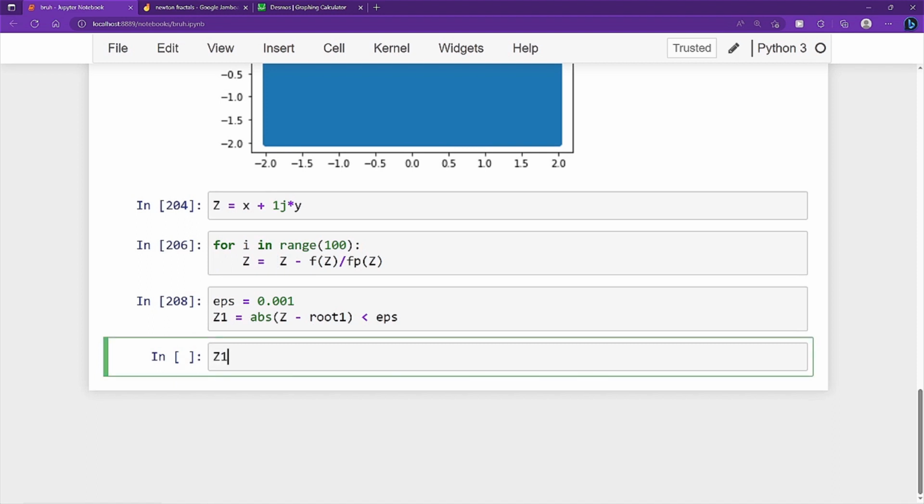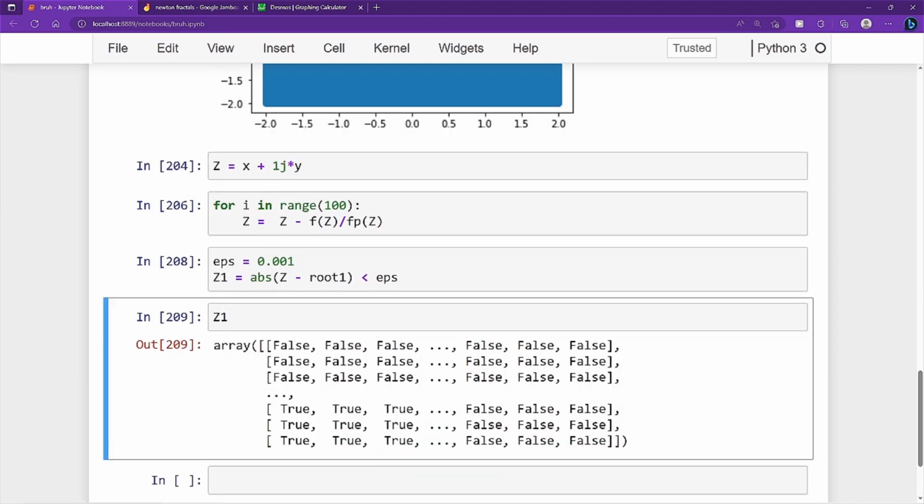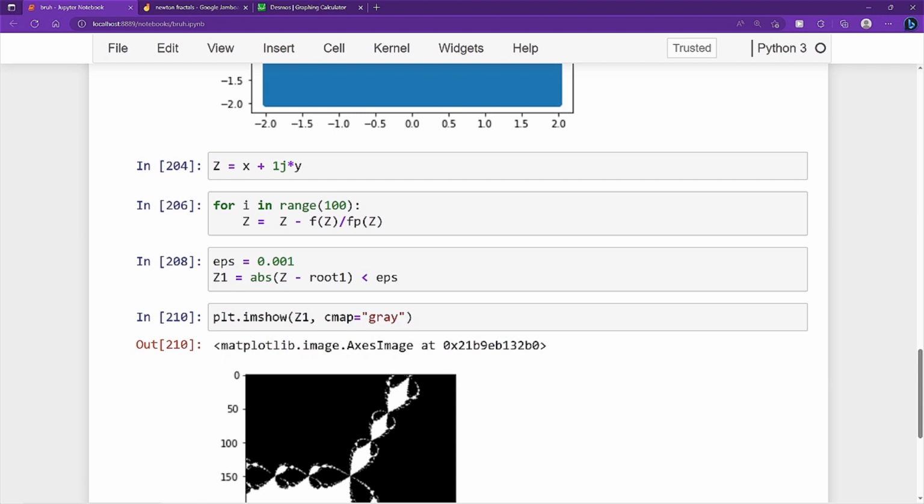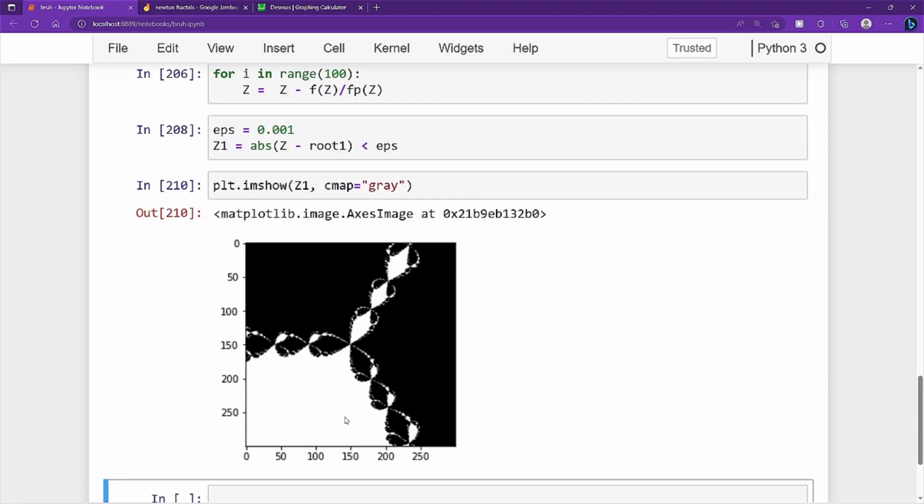So if they're approximately in that range, then we can say, okay, well, this has probably converged. And if we see Z1, there are all these false values, there are probably some of them that are true. And if we do plt.imshow, it's going to show us the truth, literally and figuratively. So wherever you see white, it's 1 or true. Wherever you see black, it's 0. And you can see that some of these values have in fact converged.